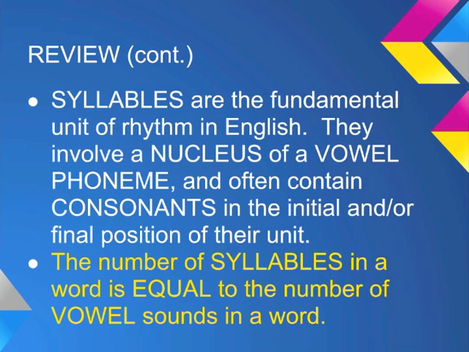Syllables are the fundamental unit of rhythm in English. They involve a nucleus of a vowel phoneme and often contain consonants in the initial and/or final position of their unit. The number of syllables in a word is equal to the number of vowel sounds in a word.